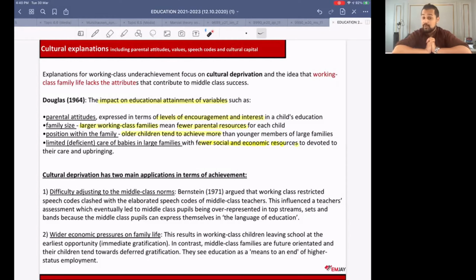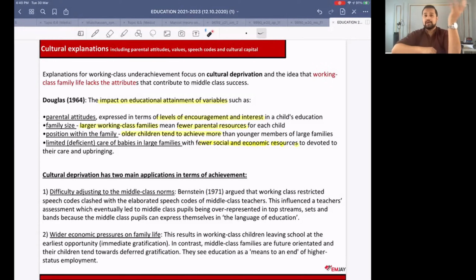Now, cultural deprivation, on the other hand, would be the assumption that a child from the working class background is somewhat culturally deprived. A child from a working class background is somewhat culturally deprived, because of which he or she does not end up doing as well as a child from the middle class background. And when we talk about this cultural deprivation, the idea over here is that the middle class culture is somewhat superior or is somewhat better than the culture that the individuals from the working class hold, right?